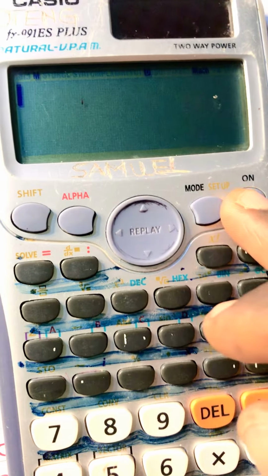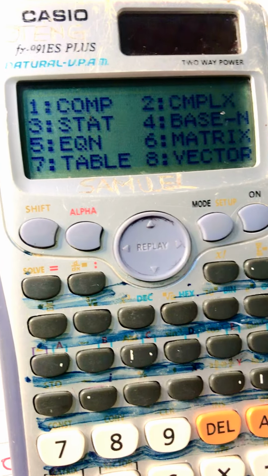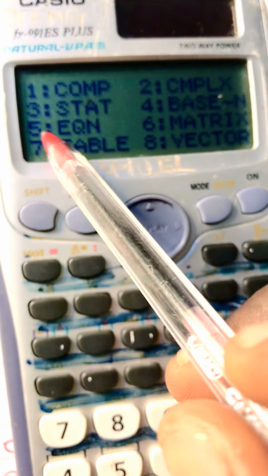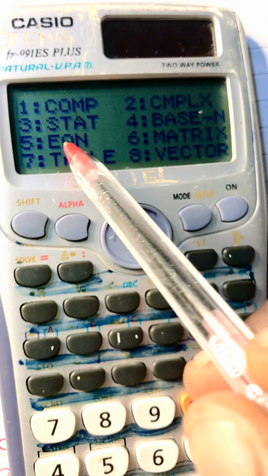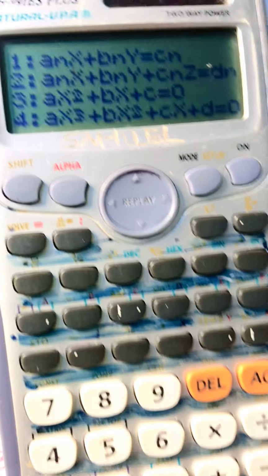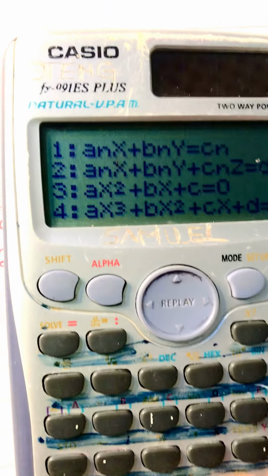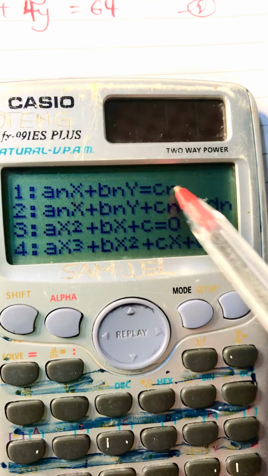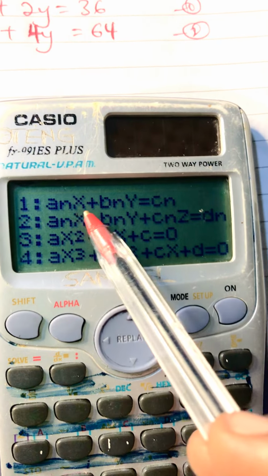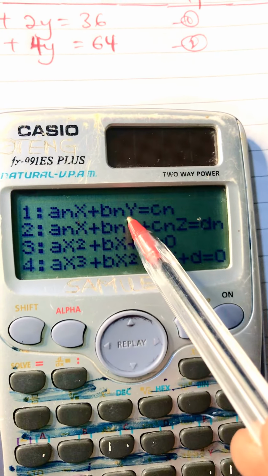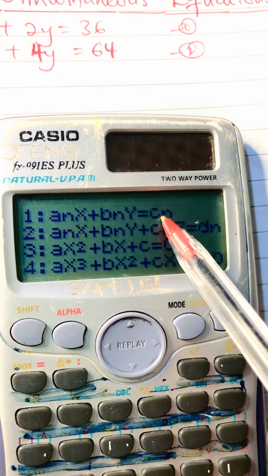We press on mode. Then we move to number 5, which is equation. So now press 5.